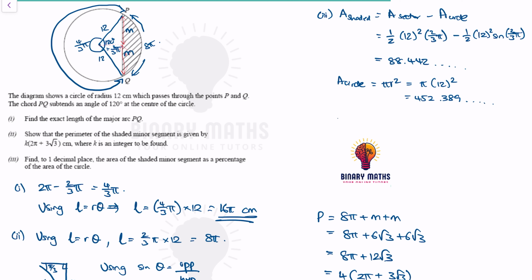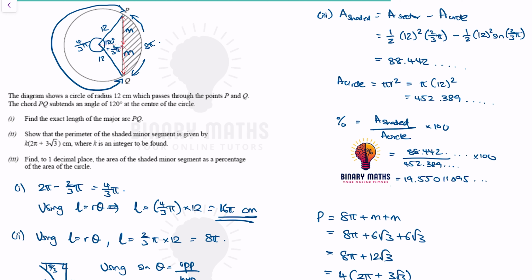So the percentage is equal to area of shaded over area of circle times by 100. Okay, which means 88.442 and so on, over 452.389 and so on, times by 100, which gives you 19.55 and so on.